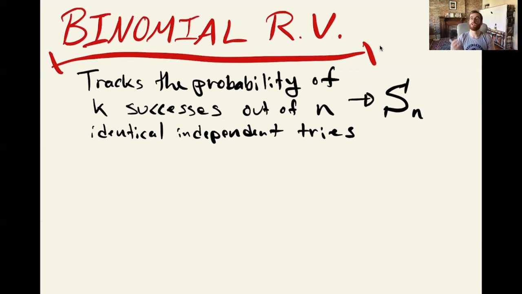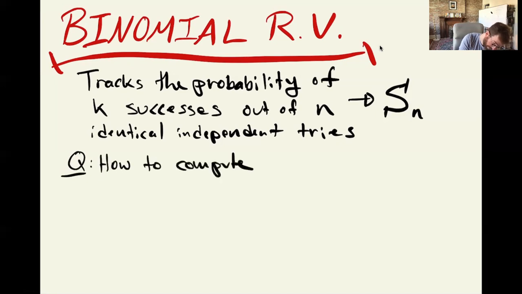And so what's the general method for determining the probability of k successes out of n tries? The important thing here is we don't care necessarily about the order of these successes out of the n tries. We just care about the number of successes out of n tries. So you can do this basically in 2 steps. So how to compute the probability that Sn equals k.